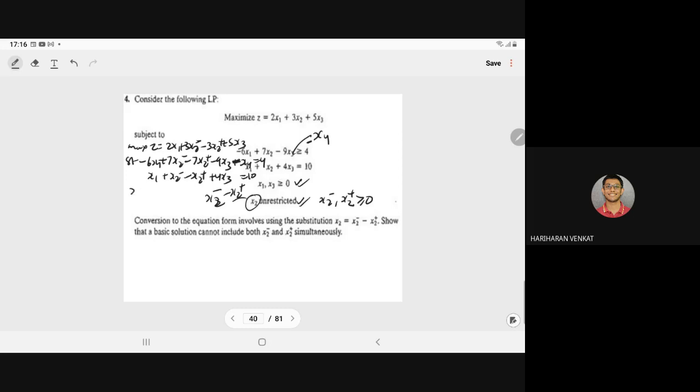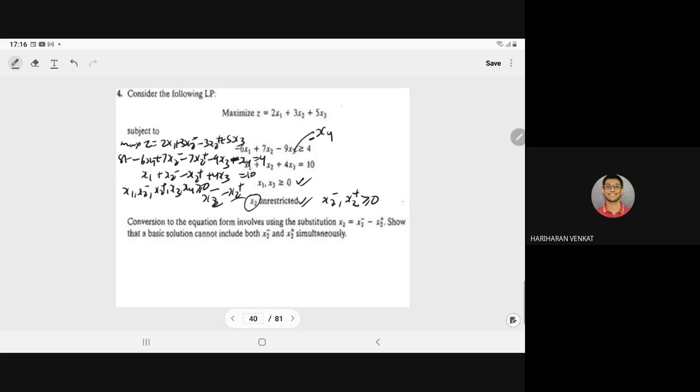Very important question, please look carefully. And x1, x2 minus, x2 plus, x3, x4 are all greater than or equal to 0. Now we have m is equal to 2, n is equal to 5, so n minus m is 3, that many are non-basic variables. So the basic variables will be 2.